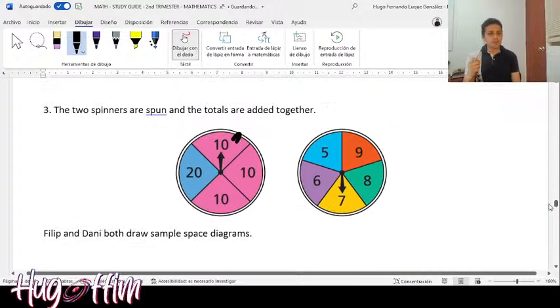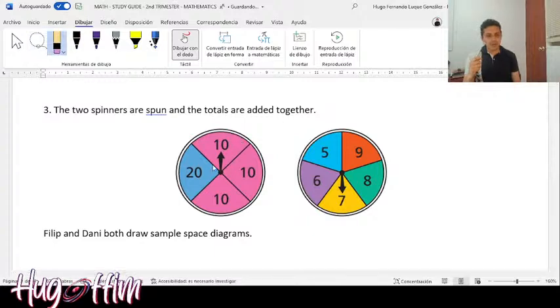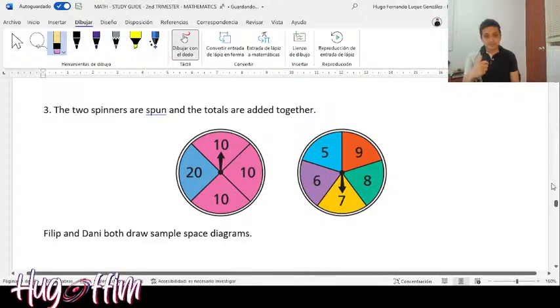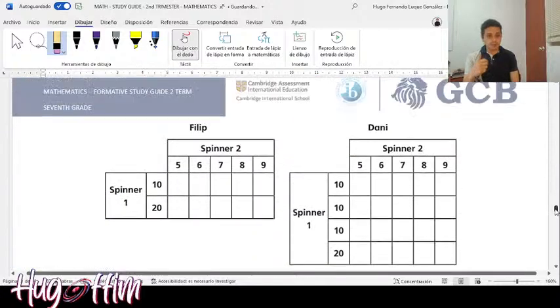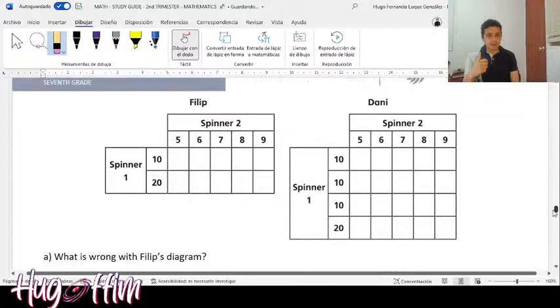Here we have two spinners, and when we spin these spinners, we have spinner number 1 with these options, spinner number 2 with these options, and we want to draw the sample space diagram. Here you can see that there are two options, Philip and Danny.